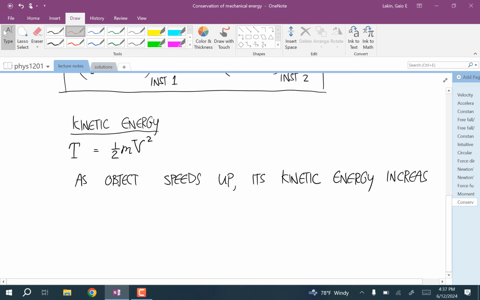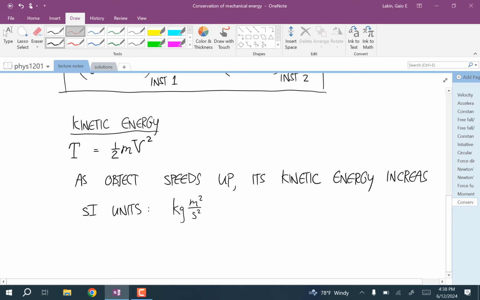And we've already talked about the units of this, but the units of all of these types of energy that we're talking about are going to be the same. You can represent it a couple of different ways. With kinetic energy, if you use this equation to come up with the units, you get kilogram meters squared per second squared.